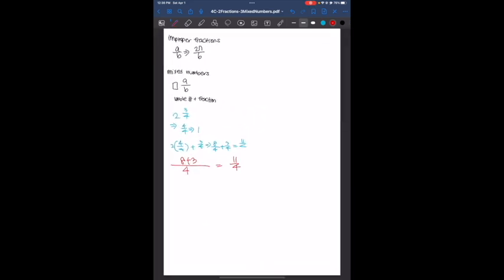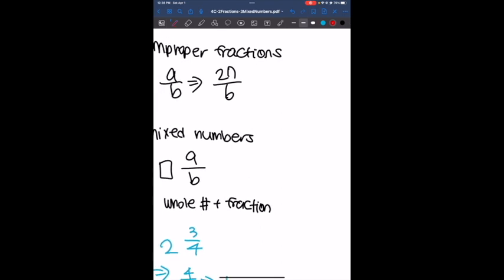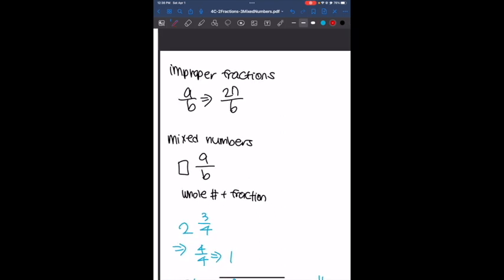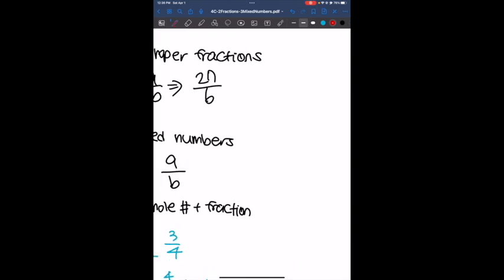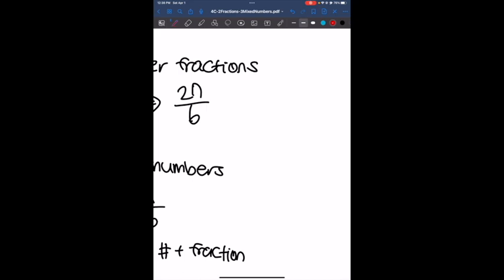And so now we should also learn about vice versa, what we should do when we convert from improper fractions to mixed numbers. So for example, if we have an improper fraction like 27 over 6, you first want to figure out a multiple of the denominator that is closest to the numerator but is still smaller than the numerator.